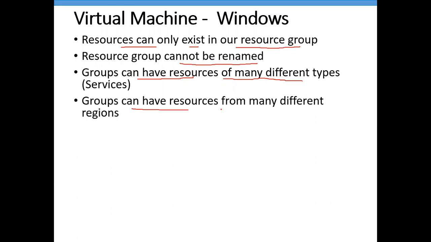A group can have resources from many different regions also. This point can be your interview question. What is this point? Let's take an example: the resource group I have created is in the Central India region.